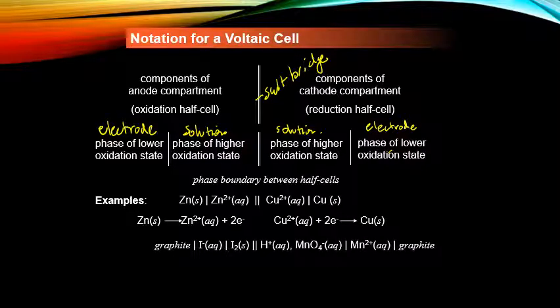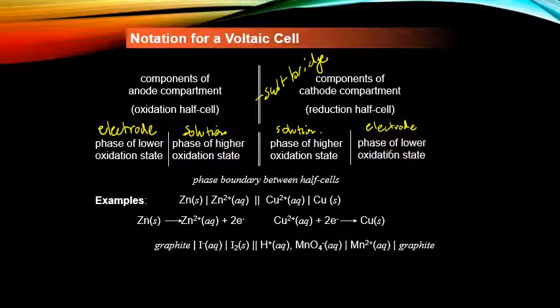within the compartments. So like I said, as an example, if I had a substance that was an inert electrode, I could have something like this, where I have the graphite, there's my inert electrode, I have the I-, and it could go to the I2 as a solid, and then I have the H+, the MnO4-, and the Mn2+, and then I have the graphite.